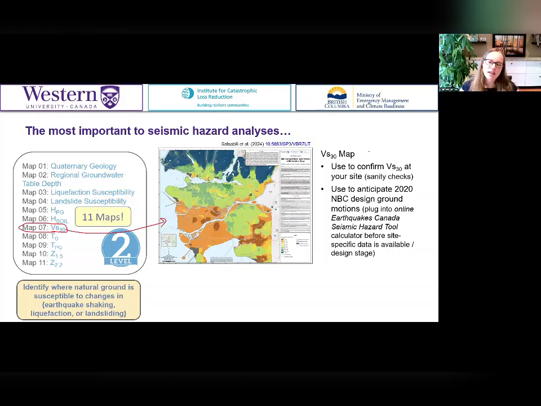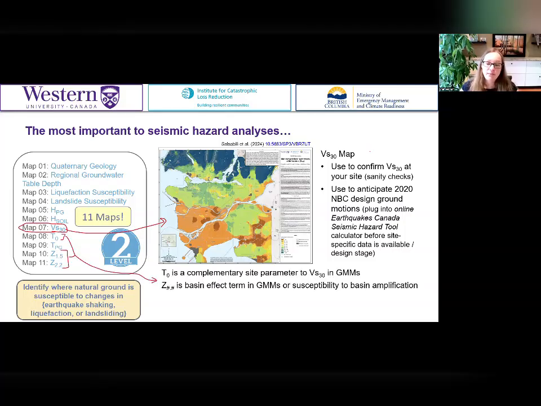Ideas on what practicing earthquake engineers should be doing with this map are listed on the right. But in combination with VS30 is the new concept of using site period as a complementary parameter to VS30 to properly account for site effects or anticipate what shaking amplification would be.